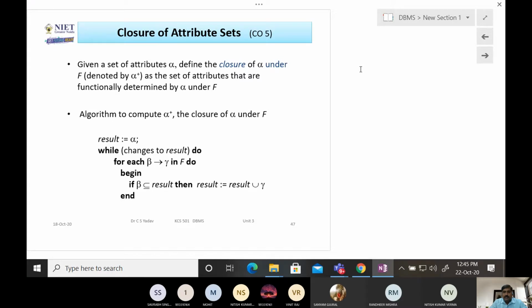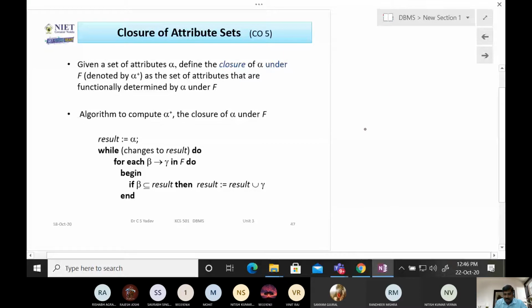This algorithm is very useful to find out the candidate key of R under the given FD set F. As you all know, if you want to identify the normal form of any relation, then the first step is to find out the candidate key of R. How will you find the candidate keys of R? With the help of this algorithm, closure of an attribute set.